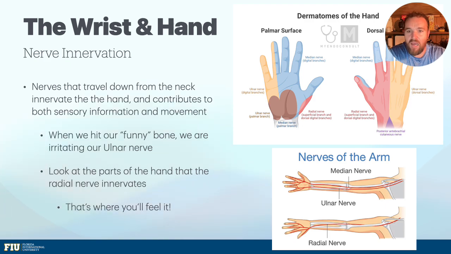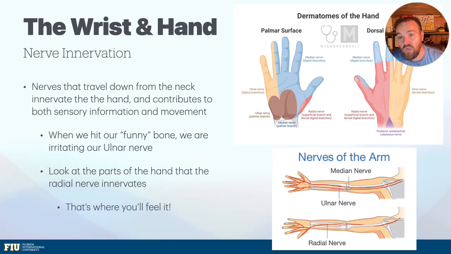So we can see this top picture right here. We have different color coding for each and every one of these different nerves, right? So when we take a look, for example, we're going to look down at the bottom picture here. We can see that both the median and the ulnar nerve kind of run more so on the anterior or the palmar surface of our entire arm.